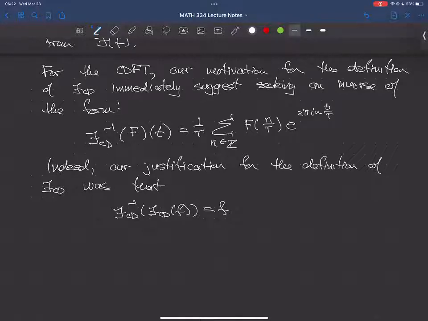Okay, so in other words, f of t, this was our formula that we wrote down.